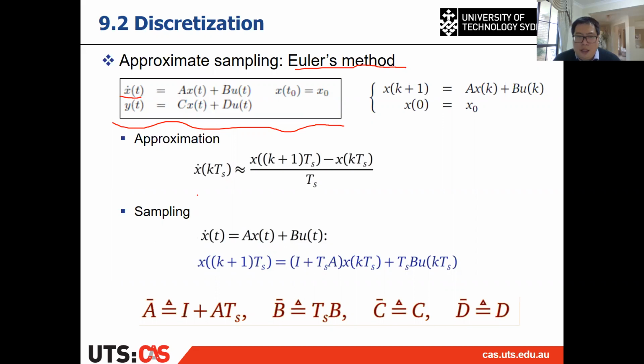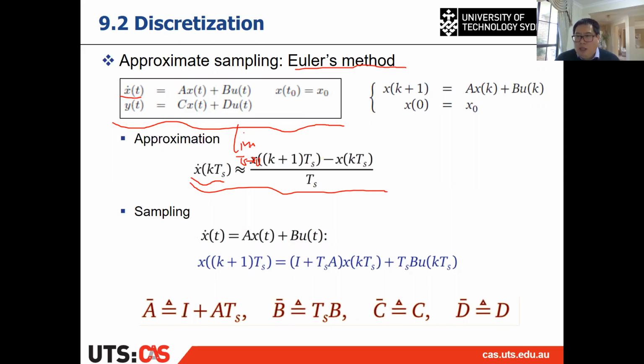The first method, we call the Euler method. The Euler method starts from the definition of the derivative. So the derivative of x, which is x dot, is equal to the limit as ts tends towards 0 of the difference between x at (k plus 1) ts and x at k ts, divided by ts.